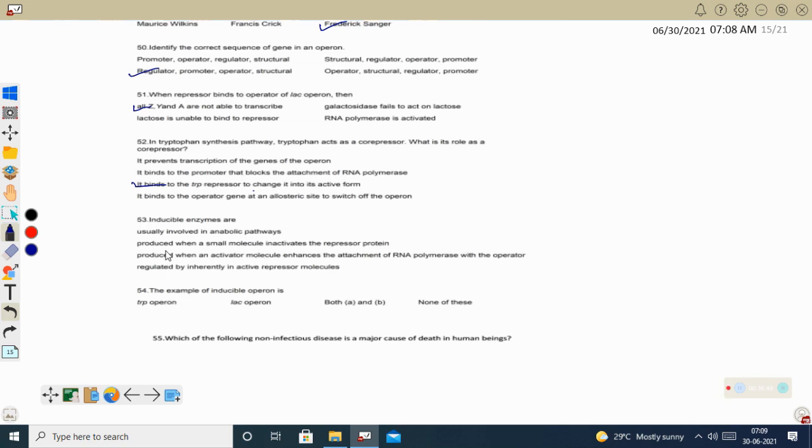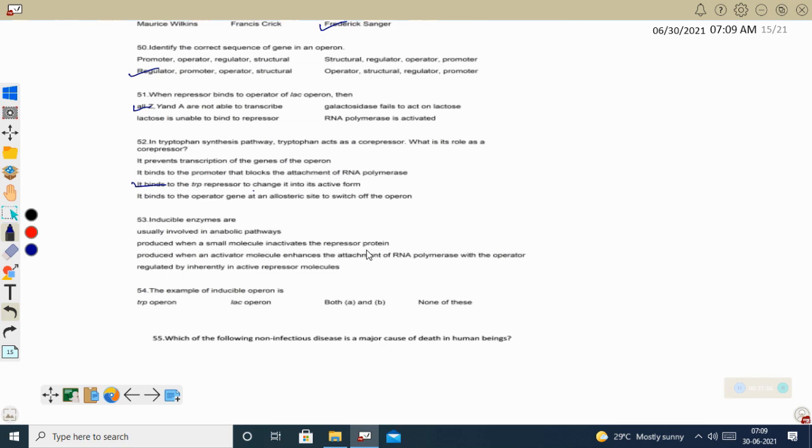See, these inducible enzymes are produced when a small molecule inactivates the repressor protein. Produced when an activator molecule enhances the attachment of RNA polymerase with the operator? Regulated by an inherently inactive repressor molecule? See, ZYA are produced when a small molecule inactivates the repressor protein.